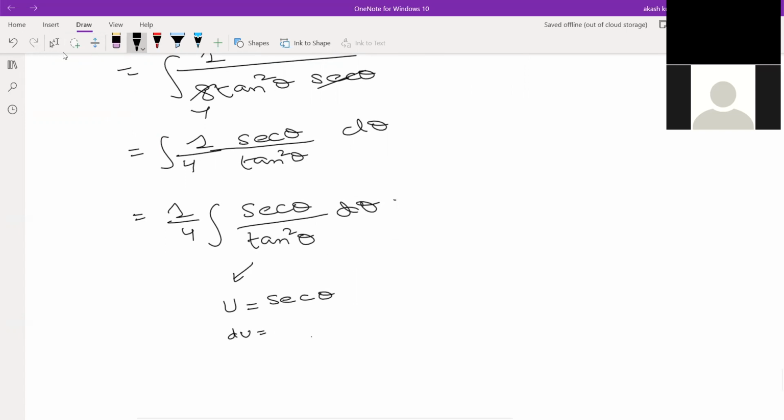Why don't we take u as tan? That's what I was trying to do now, because the derivative of sec is sec x tan x. So sec x is there, but tan x is not there. So it's not useful to use u as sec theta. If I take u as tan theta, then my du is sec squared theta d theta. Again, I don't have sec squared theta; I have only one sec theta. So even if I replace sec theta d theta with du, it's not useful to apply u substitution here.